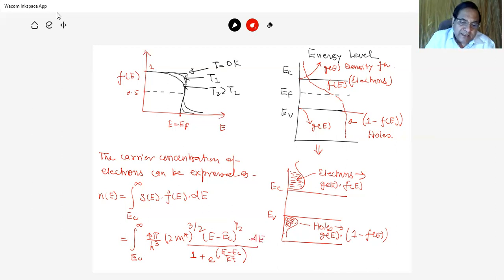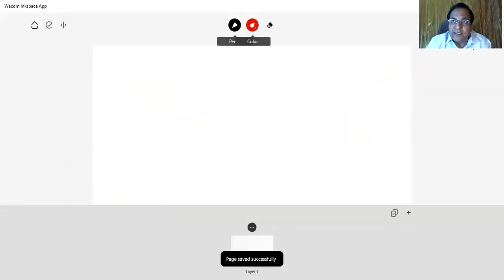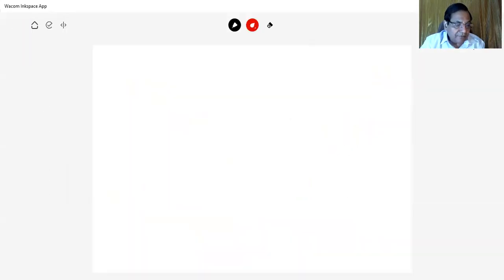So this one is the function, and this function can be integrated with the help of the method of integration.